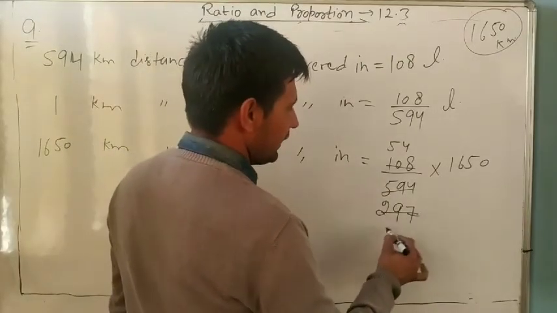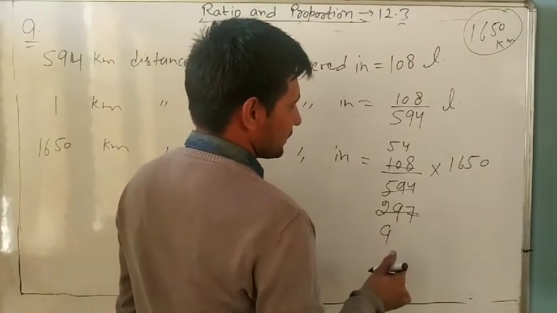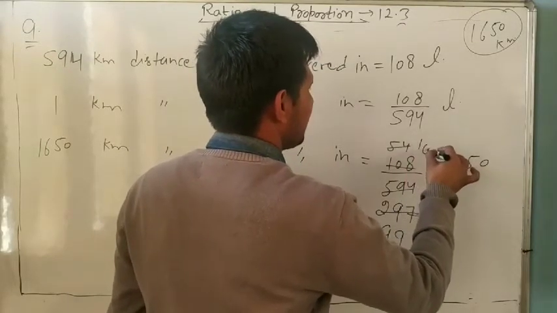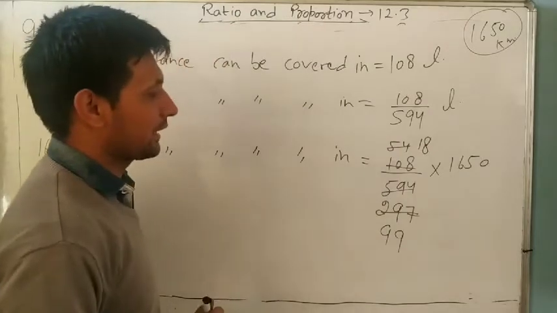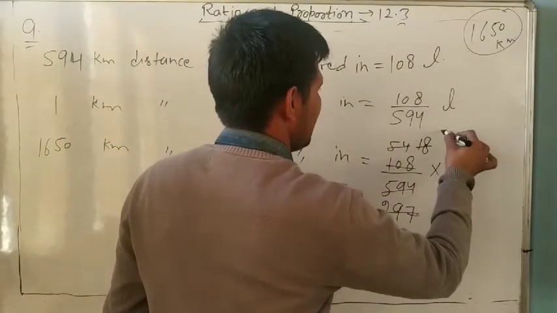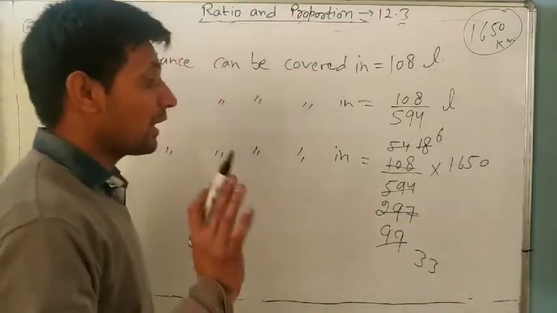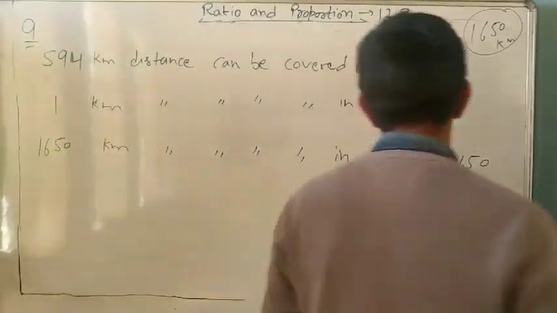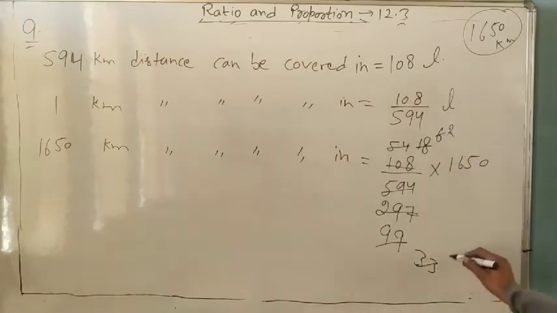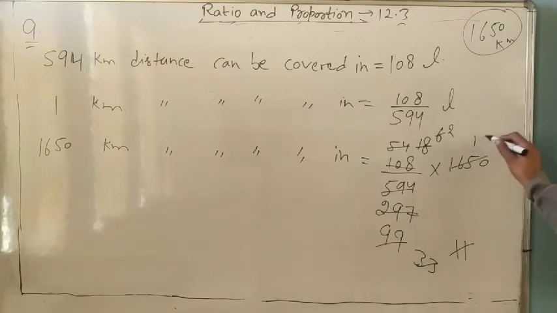Yes. 3 nines are 27, and again 3 sixes are 18. Can we cut again by 3? Yes. 3 elevens are 33, 3 twos are 6. That's why I am saying the table is very important here. Can we cut by 11? Yes. 11 ones are 11, 11 fives are 55.